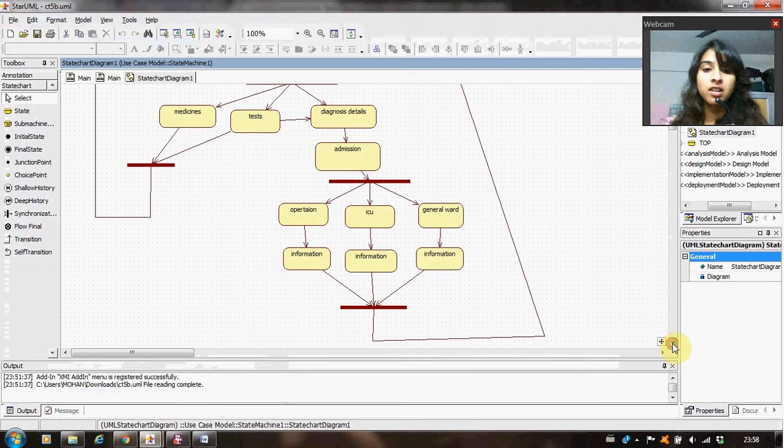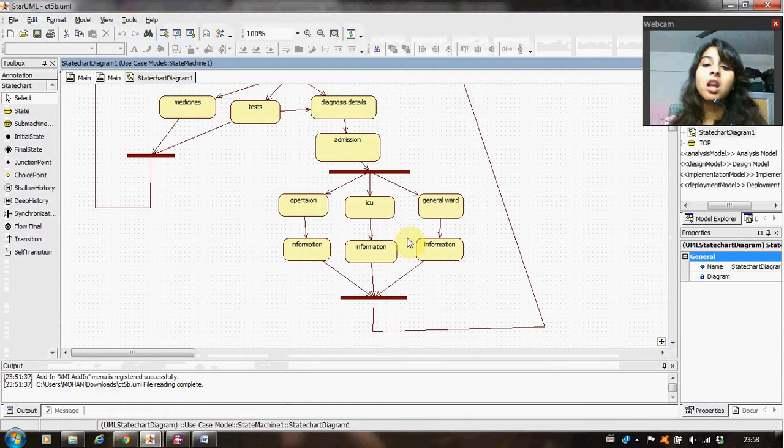Then once the admission is done, the patient can be admitted in the general ward, the ICU ward, or the operation theatre, according to the ailment. So at each and every place, that is the operation, ICU or the general ward, the information is being stored. If the person has to undergo an operation, then all the medicines, the instruments, the surgeon, the age, and all the necessary details are stored in this information.